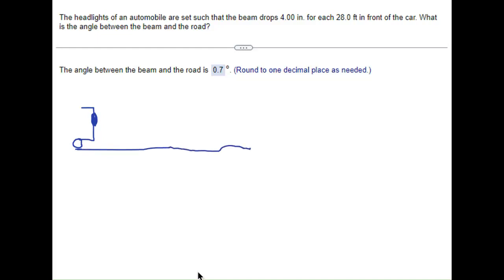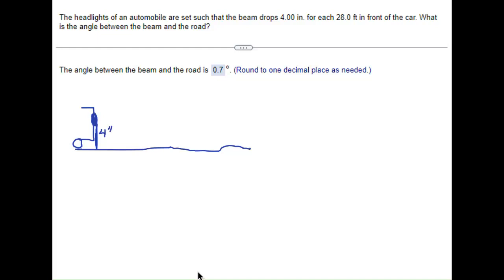And what we're doing is we're considering this distance here for every 4 inches that it drops. So if I go down 4 inches, we go out 28 feet. Another 4 inches, we go out another 28 feet, and so on. So I'm going to just consider this being our shortest measurement, the 4 inches.